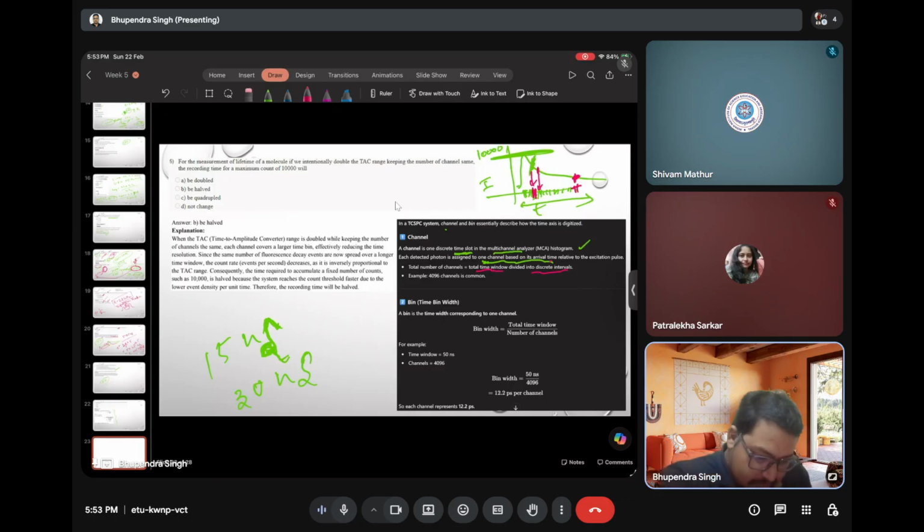Basically, see, this is the example: 4096 channels is common. As I've already told you, I'm using this TCSPC instrument on a daily basis for my PhD. In this setup I am using 4096 channels, keeping this fixed, and also you cannot go beyond this. If you want to increase this, I guess you cannot increase it more than this.